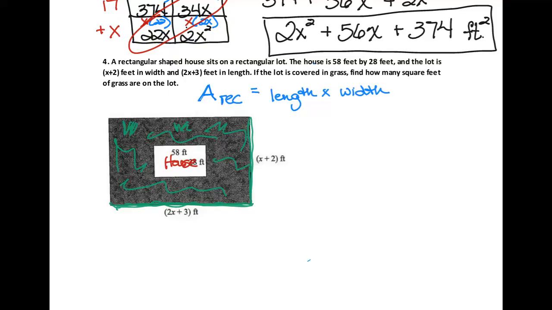Yeah, we're going to have to multiply. So we would have to multiply our length, which is the longer side, 2x plus 3 times our width, which is x plus 2. And this is for the yard. But we don't want to count the area that is under the house.